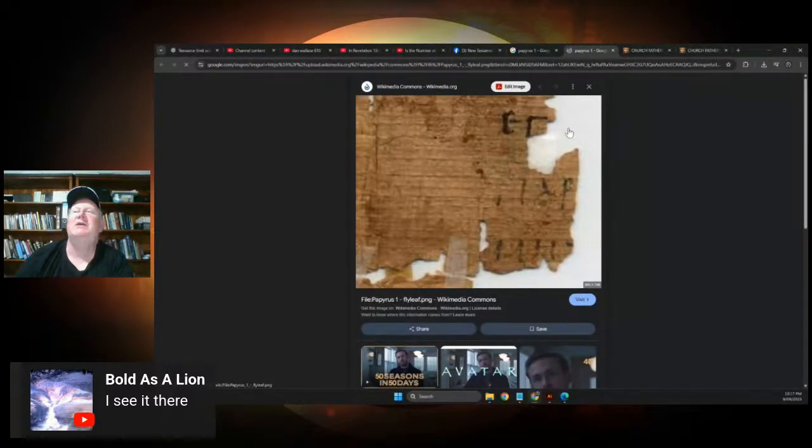Okay, so that's showing the other part of the manuscript, which I don't think anyone's actually figured out. But this looks like Evangelion here. It looks like a P, an alpha, a rho, a mu, and eta. So yeah, interesting.